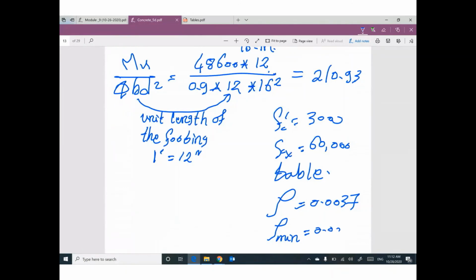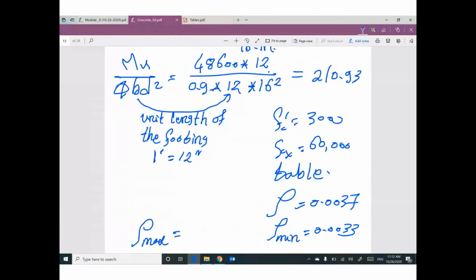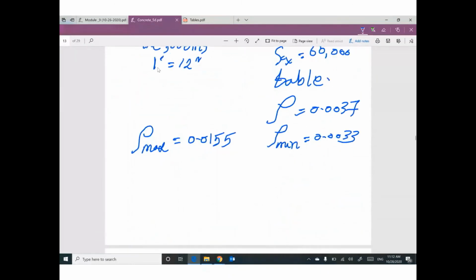Do you remember what is the rho maximum? 0.0155. I believe your rho from the table is greater than rho minimum and smaller than rho maximum, you are good.